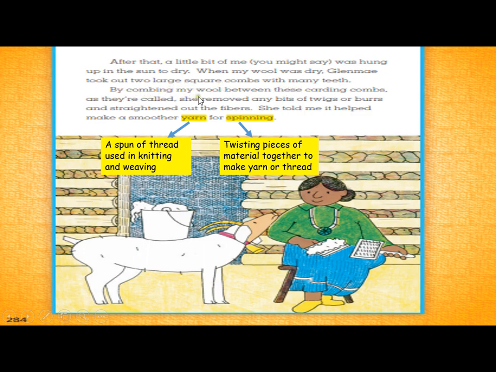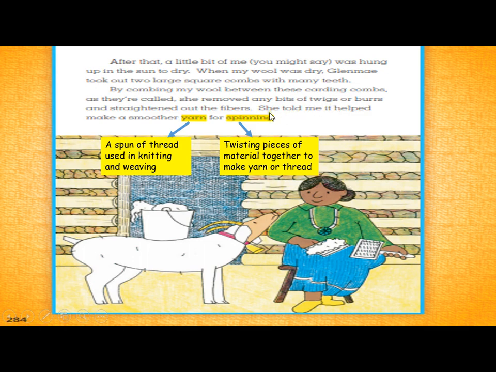By combing my wool between these carding combs, as they are called, she removed any bits of twigs and burrs and straightened out the fibers. So these are the fibers that were on her body, and they got straightened by combing them. And she also got out any bits and pieces of twigs and burrs.